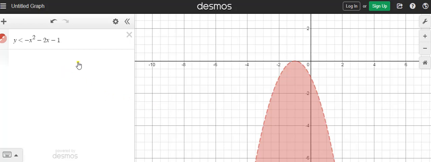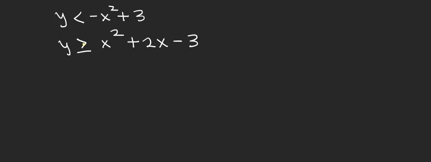Now I'm using Desmos to graph the inequality, and that's the graph we get. Desmos even gives you that nice dotted line, so you might want to use Desmos to graph inequalities. Now, in order to solve a system of quadratic inequalities, you need to find the area or region where they both intersect.